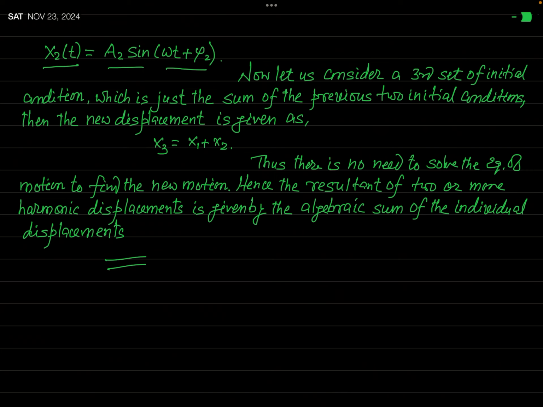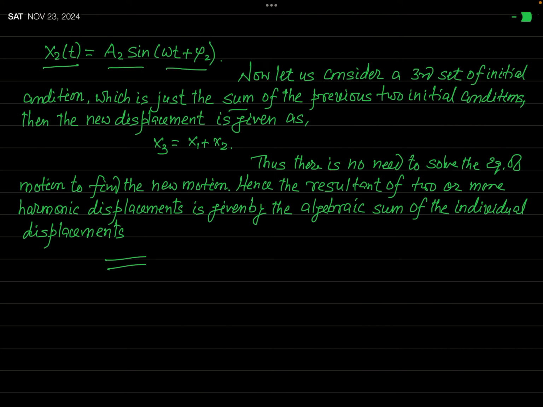Now suppose we prescribe a third set of initial conditions. And how do we prescribe it? We superpose the initial conditions corresponding to x1 and x2. When we say we superpose the initial conditions for x1 and x2, that means we give an initial displacement equal to the sum of the initial displacements of the previous two cases.